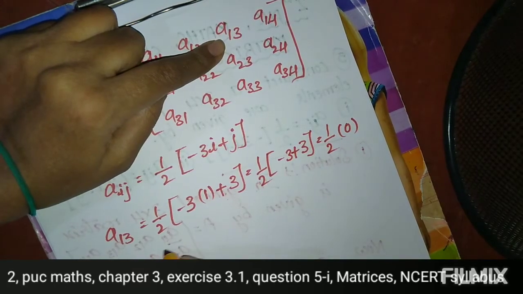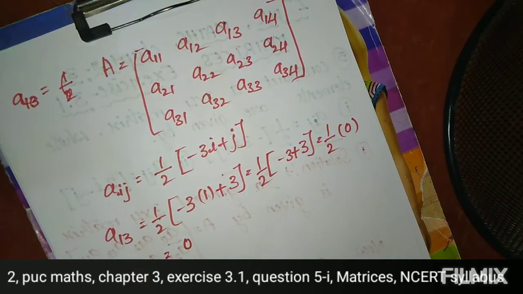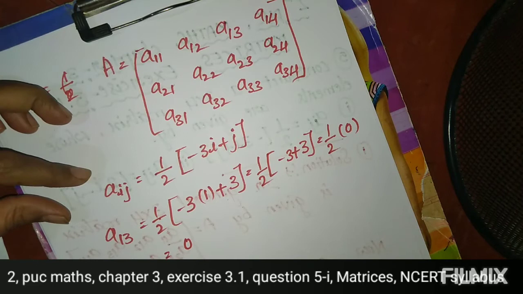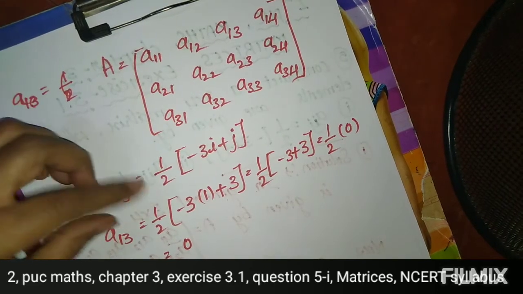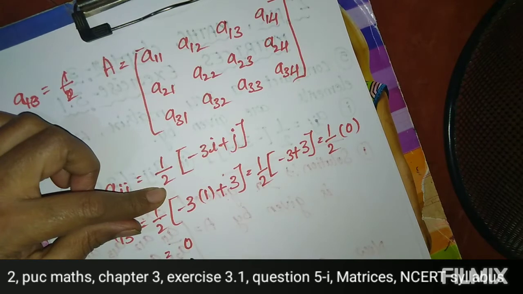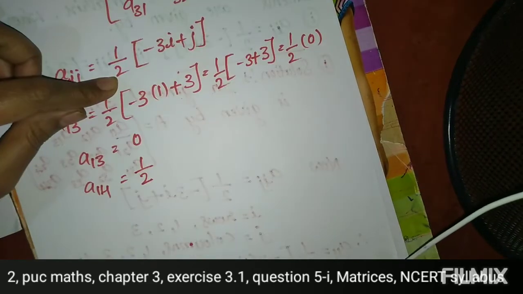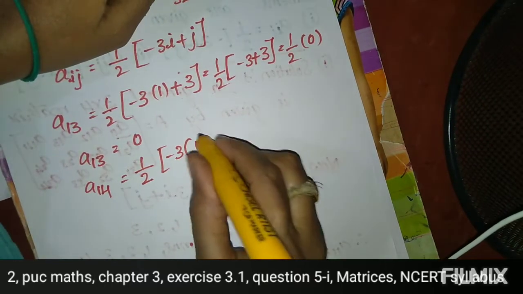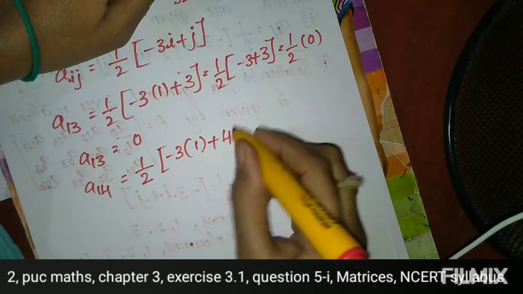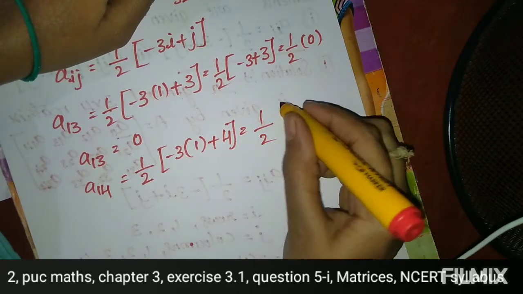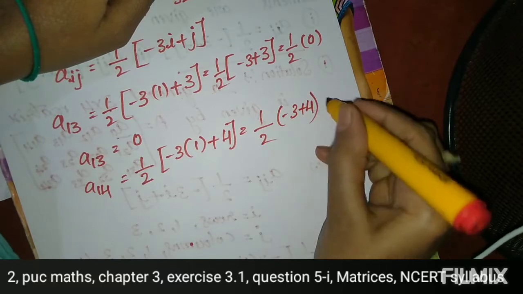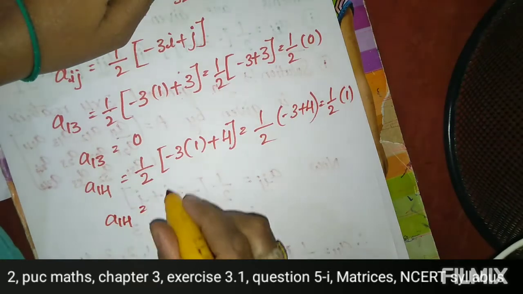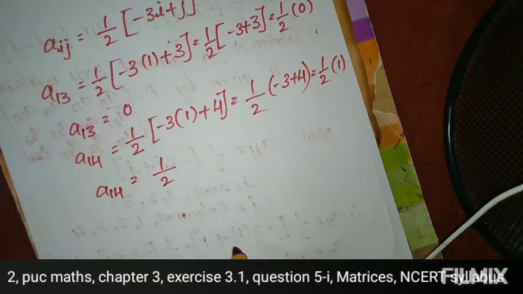Then A13 is equal to 0. And then A14 we take: 1/2 |−3| into A14, first row plus fourth column. Then 1/2 |−3 + 4| = 1/2 into 1. Then A14 is 1/2.